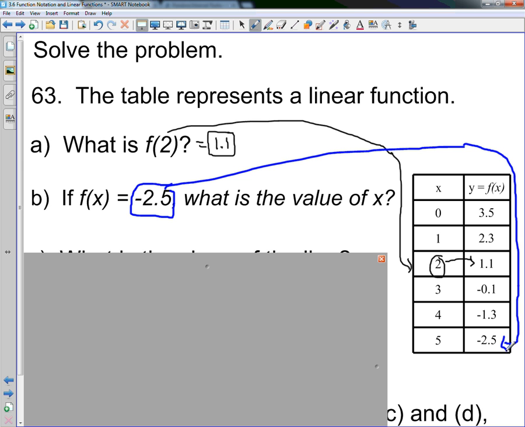There's negative 2.5. We got the negative 2.5 by plugging in an x value of 5. So x would equal 5. So you can either know what the result was and figure out what the original value was plugged in, or if you knew what original value was plugged in, then you should be able to find the result.